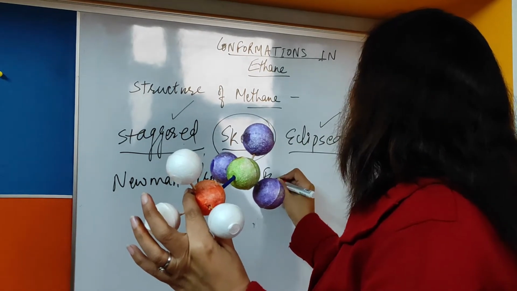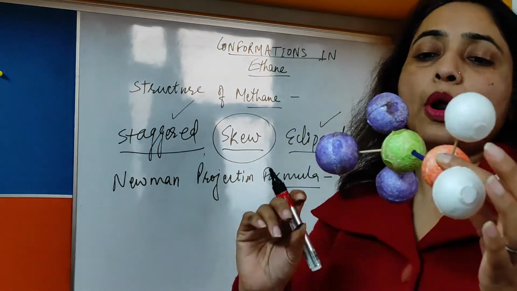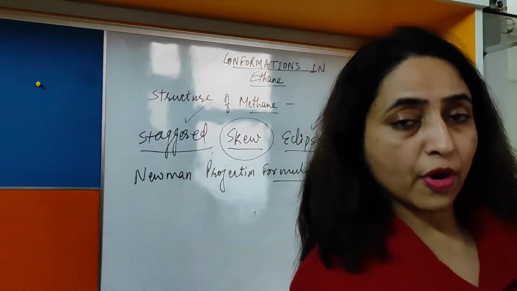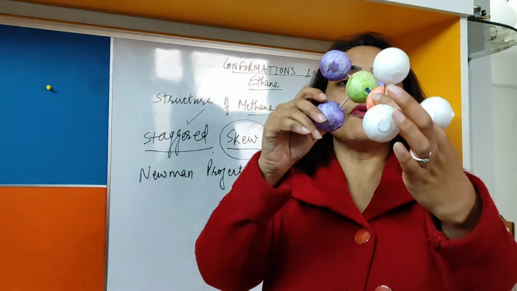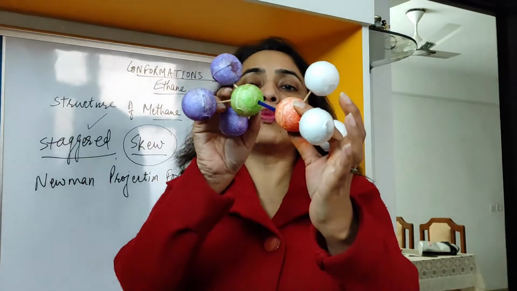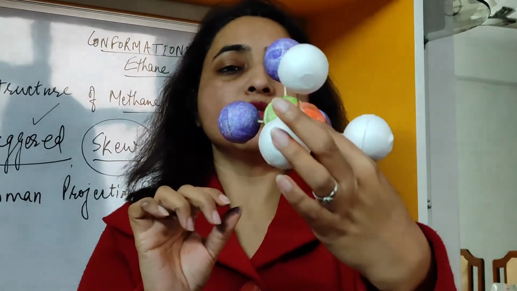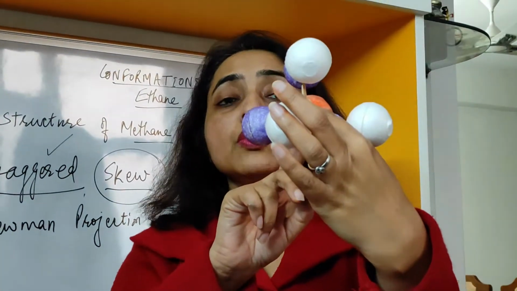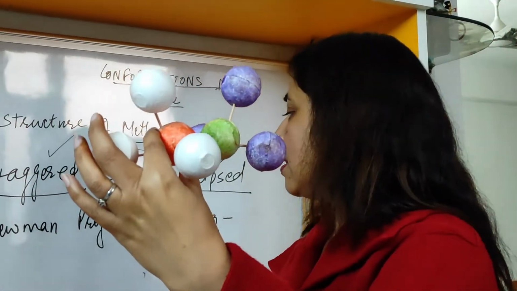In the Newman projection formula, how do we view the molecule? We view the molecule from the front. When you see the molecule from the front, you are able to observe it like this. You are not able to see the back carbon. So how will I represent it?